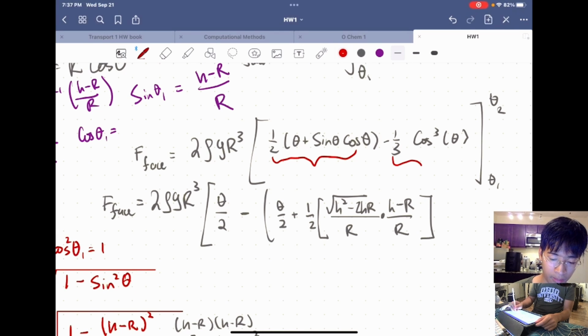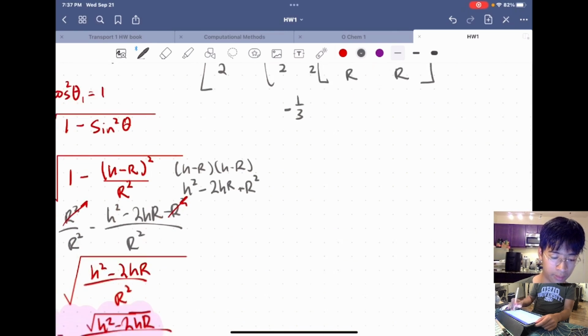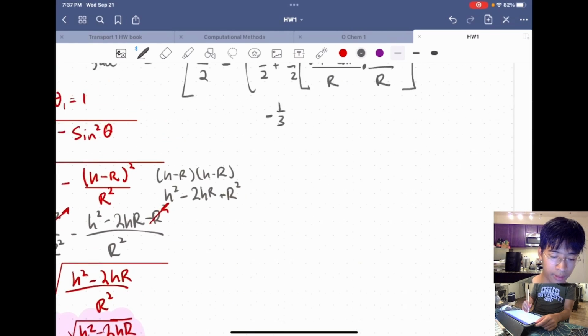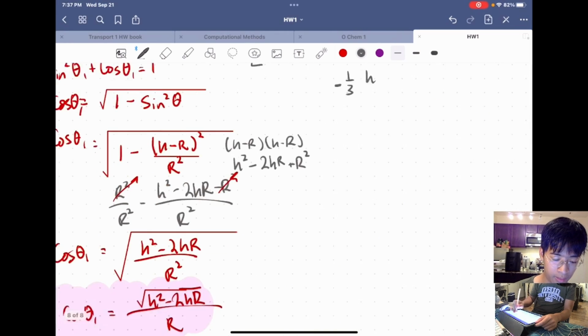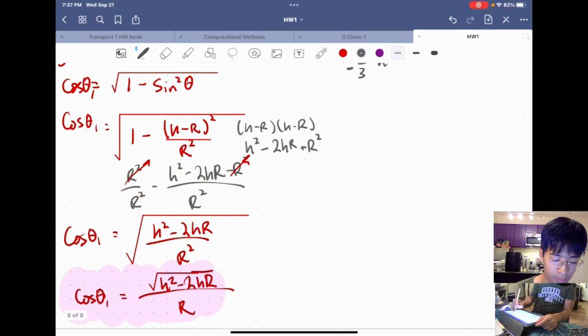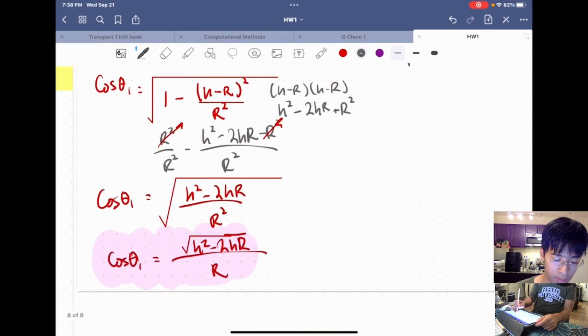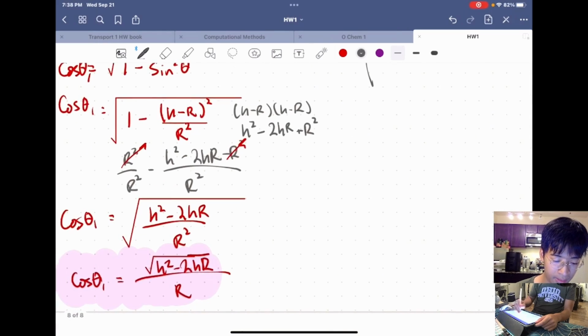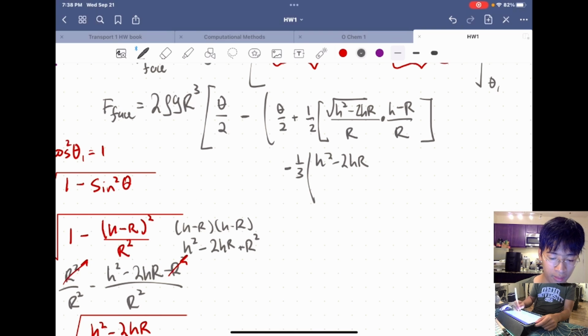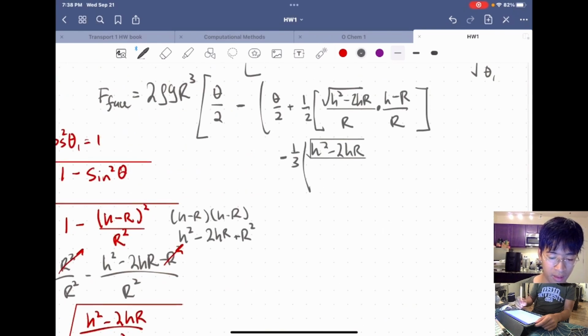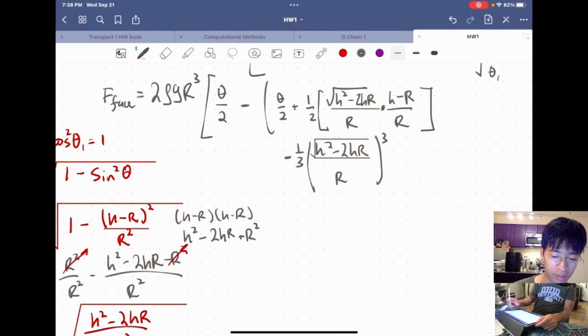Now time to take care of this term. I have minus 1/3. So cosine cubed, what is that? Cubed, so now I have negative 1/3 times the radical of h squared minus 2hr over r, that whole quantity cubed.